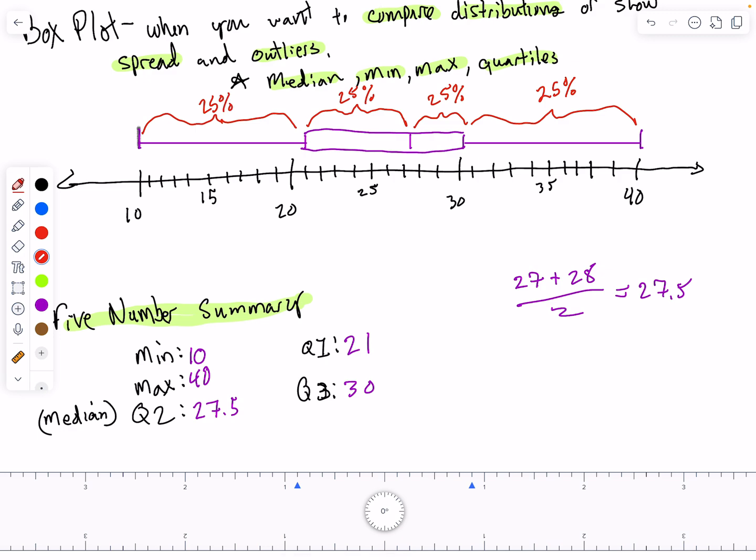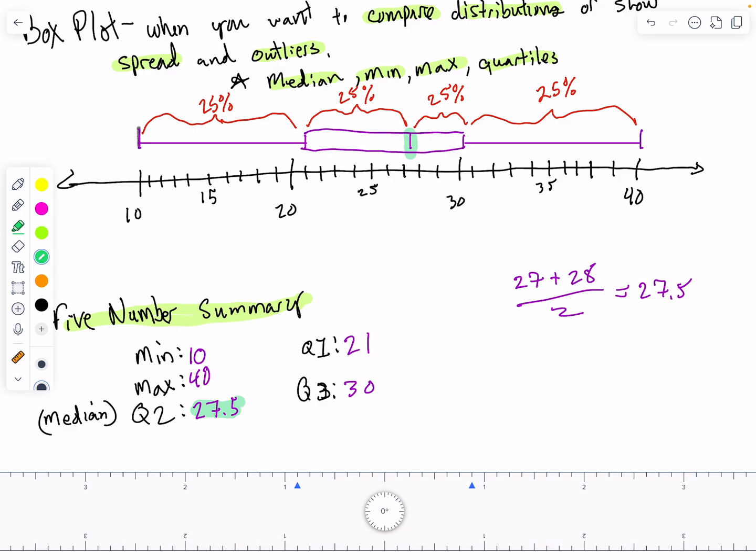So, a question we could ask is, what percentage of students took longer than 27.5 minutes to commute to school? So, you look at, in this case, 25% is the median, or Q2, which is right here.